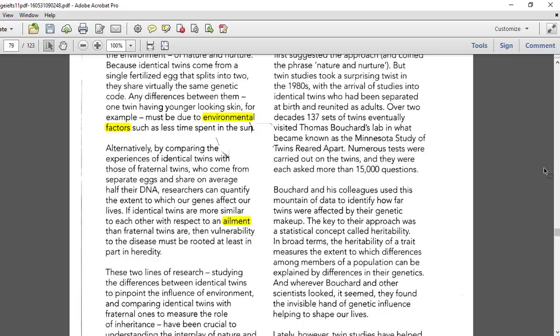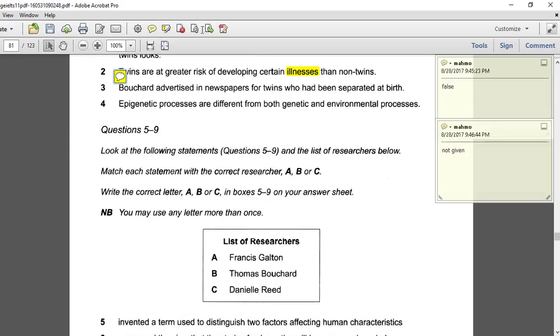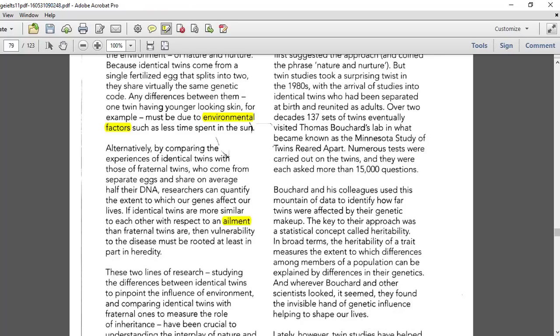Okay, so let's move to number 3. Bouchard advertised in newspapers for twins who had been separated at birth. So let's look at Bouchard and see twins who were separated at birth. Let's get back and see.